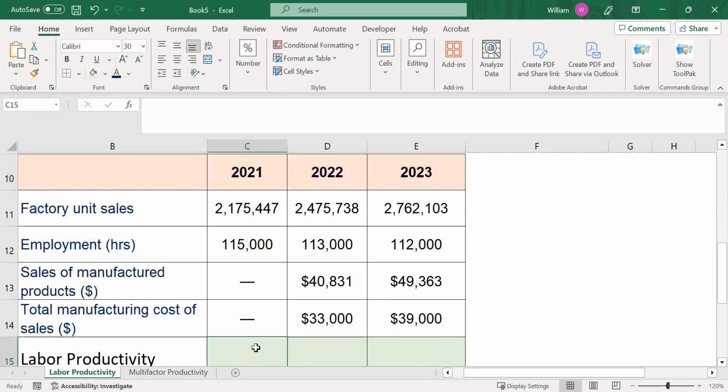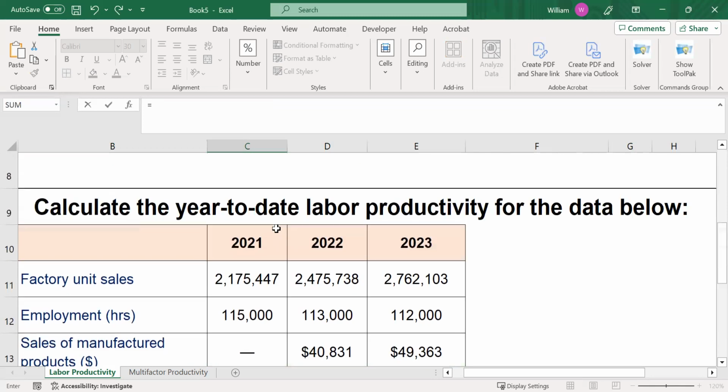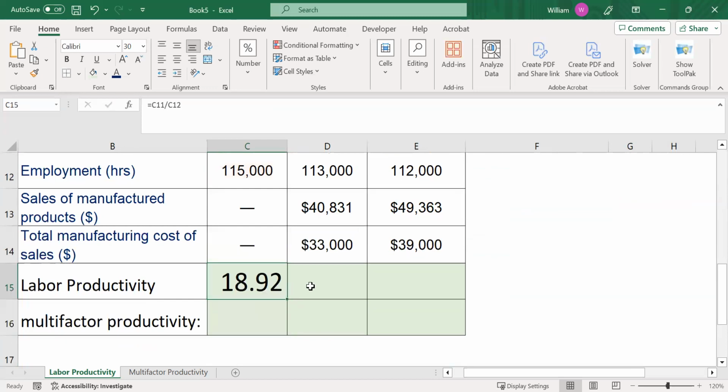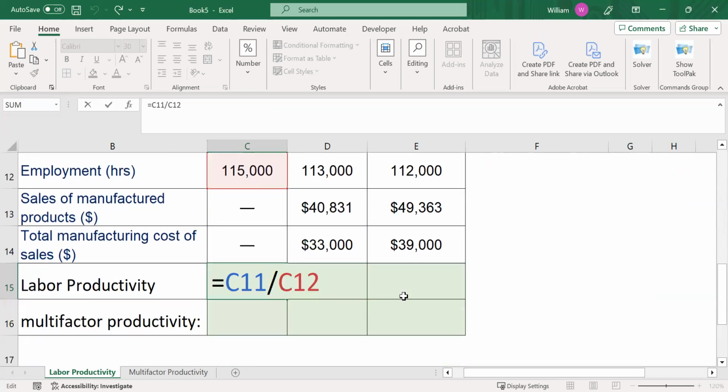So for 2021, our labor productivity here is simply going to be our output of 2.175 million divided by our input. And in this case, it's a labor productivity metric, so I'm only interested in labor. Okay. So divide that by 115,000. I get 18.92. Okay. So I have a formula in place here, very simple, very basic formula. It's just dividing unit sales by employment hours.